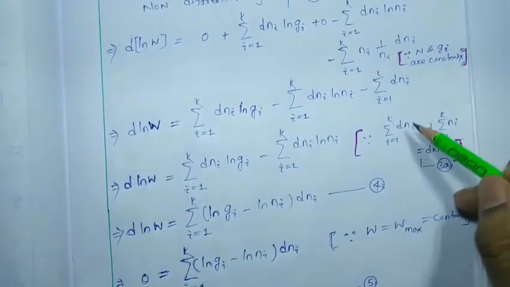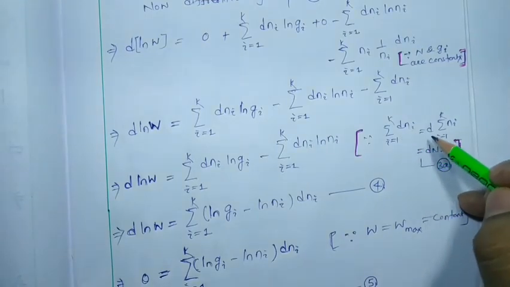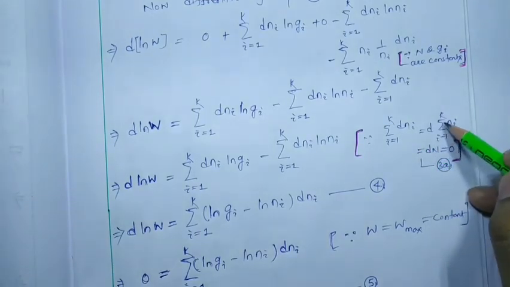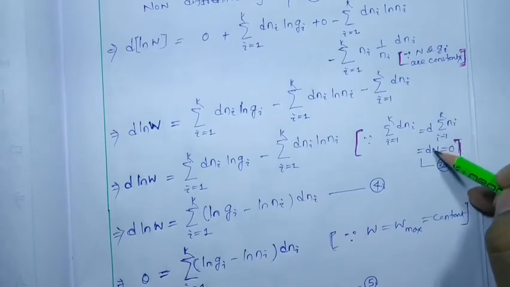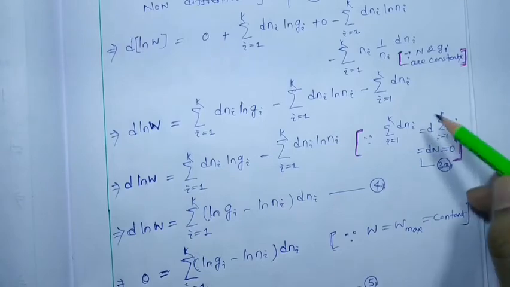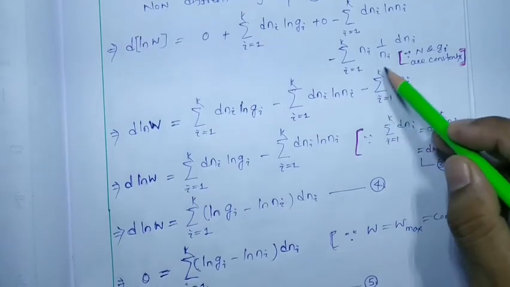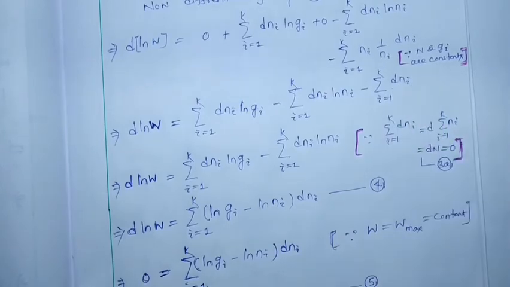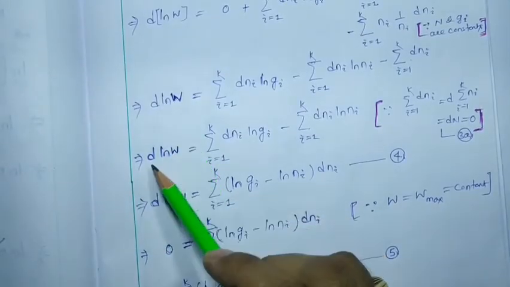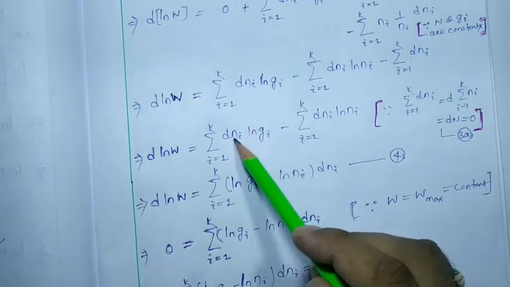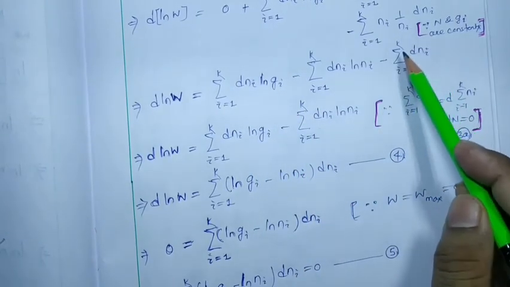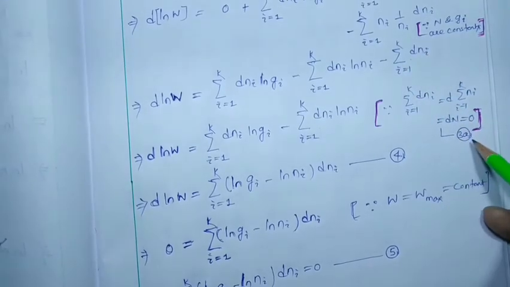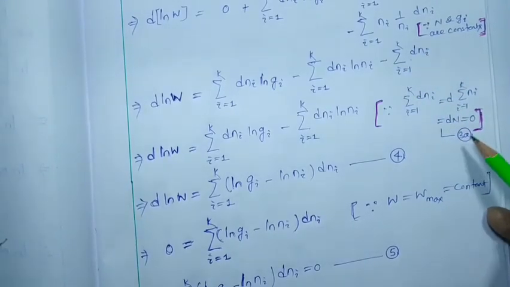Here you can see that d ni can be written as d of summation over i equal to 1 to k ni, and this summation is nothing but N. This is the total number of particles, so dN will be equal to 0. So this value also will be equal to 0. So in the next step we found d of ln W will be equal to this term and this term. This term is 0. Let this be your equation number 3a.